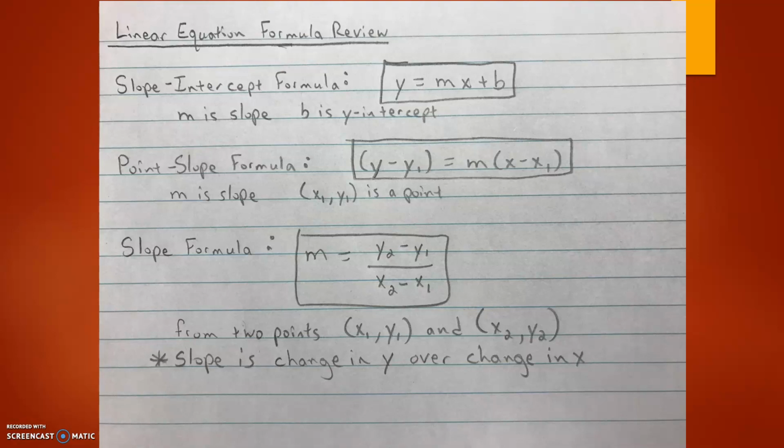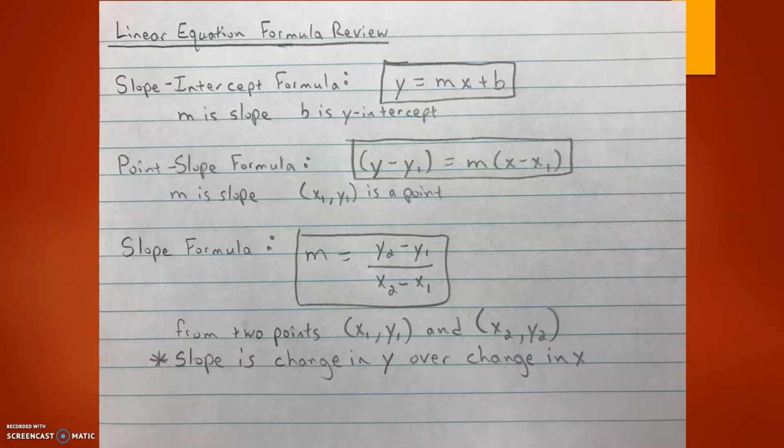Slope formula: m is what we've been calling the slope, and that will be equal to the fraction where y2 minus y1 is in the numerator and x2 minus x1 is in the denominator. Sometimes this is referred to as a change in y over a change in x.